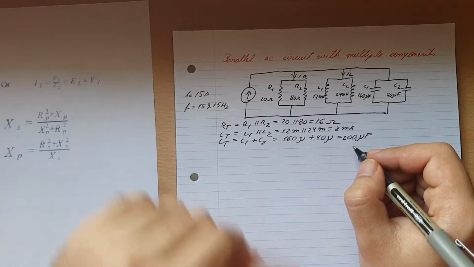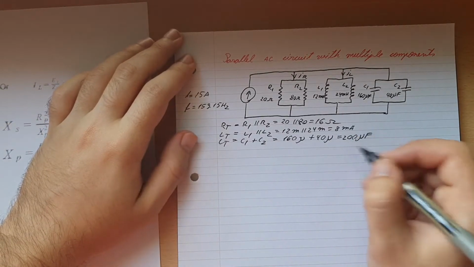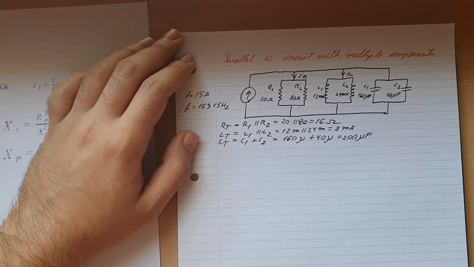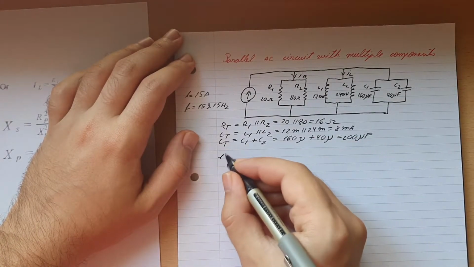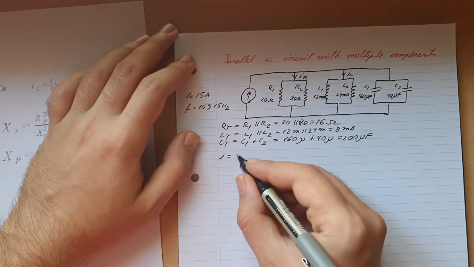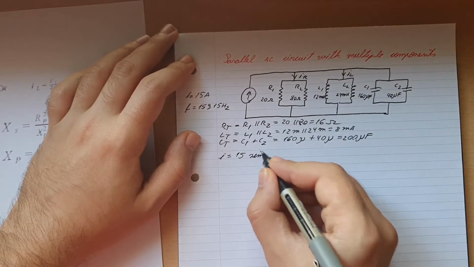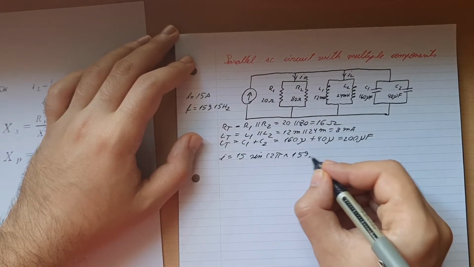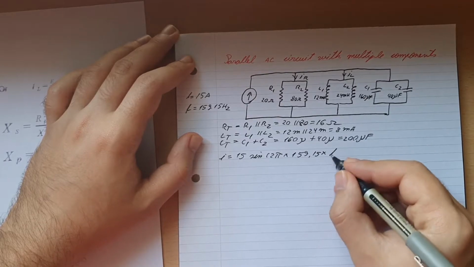Alright, good and nice. So now we know the values in farads, but we need to make them in ohms. It's not enough to just have them in farads. So I is equal to 15 sine of 2 pi multiplied by 159.15 times t.